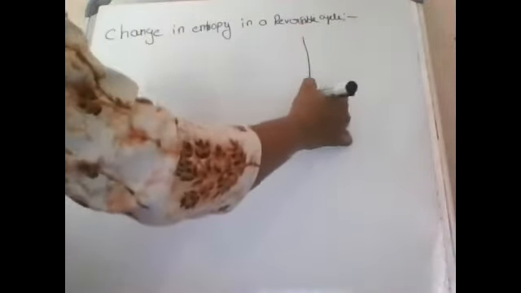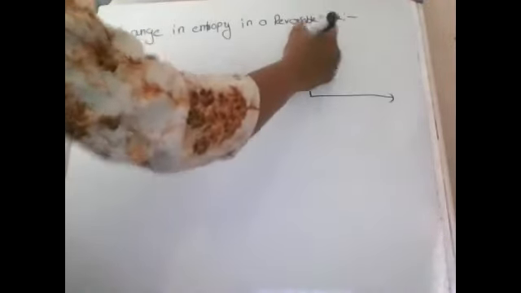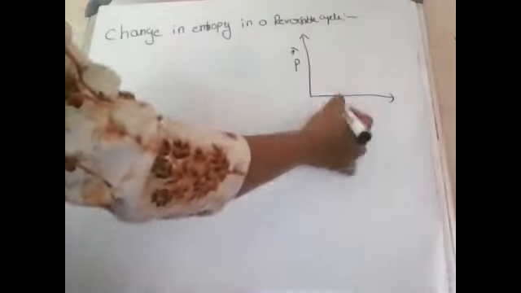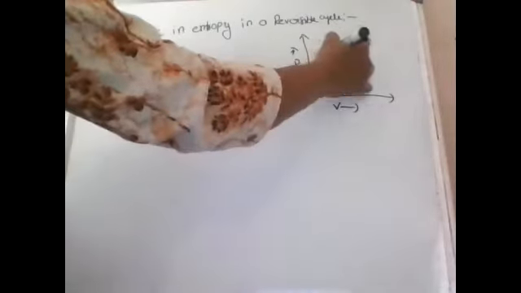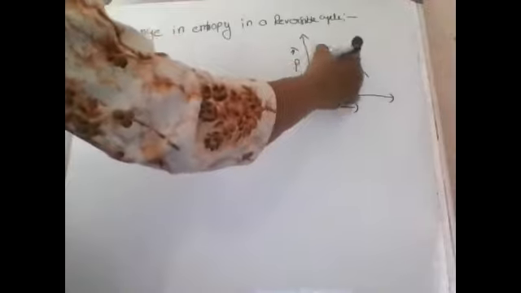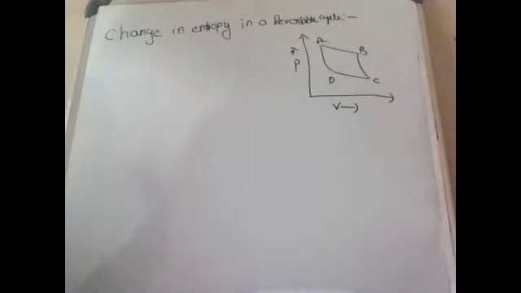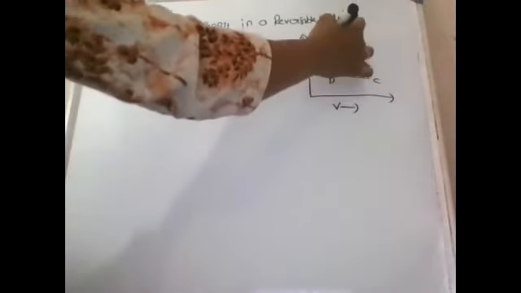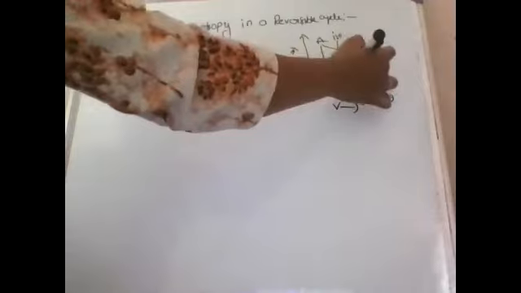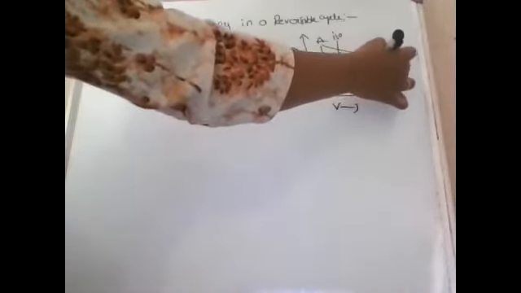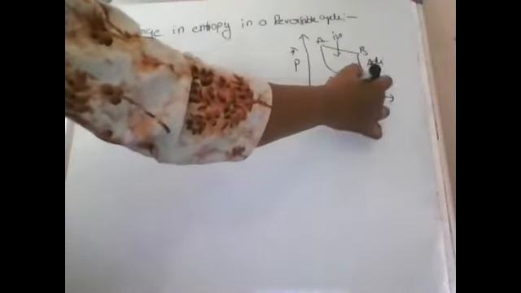Already we know that in the Carnot cycle we have four curves: pressure on the y-axis, volume on the x-axis. So A to B one curve, B to C, C to D, and D to A. This is isothermal, this is adiabatic, and this is again isothermal.